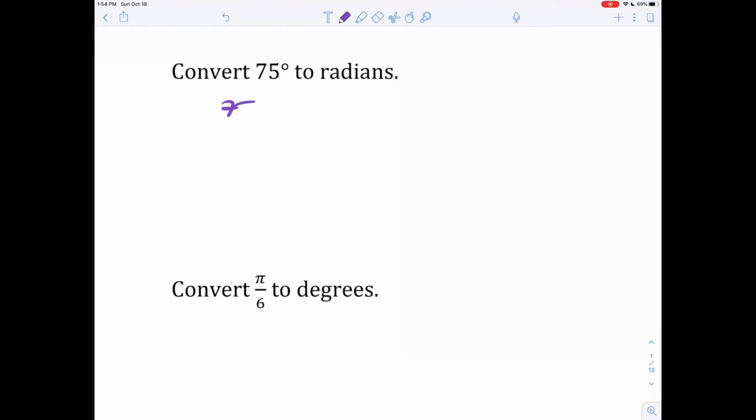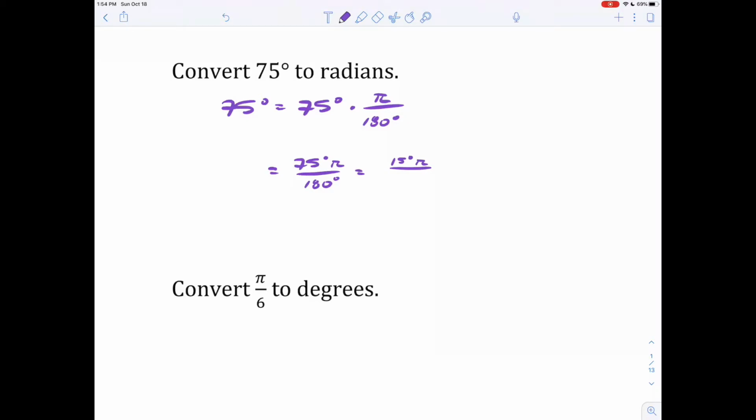How do I do this again? So, multiplying by that conversion rate. What are they both divisible by? 5? I guess they're also divisible by 15. Whatever, I'll get there in the end.